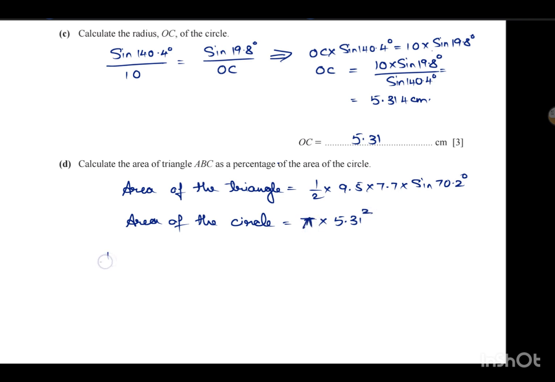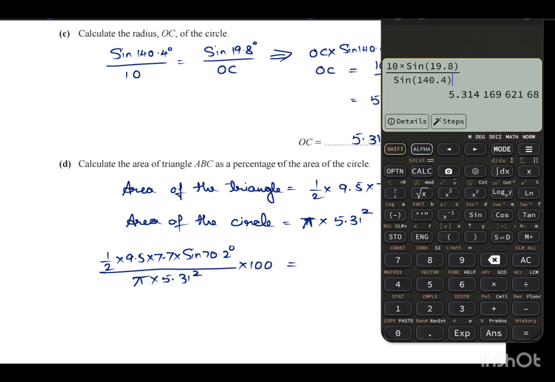Find out the answer. Half into 9.5 into 7.7 into sine 70.2 by pi into 5.31 squared multiplied by 100. This is the percentage. Use the calculator.